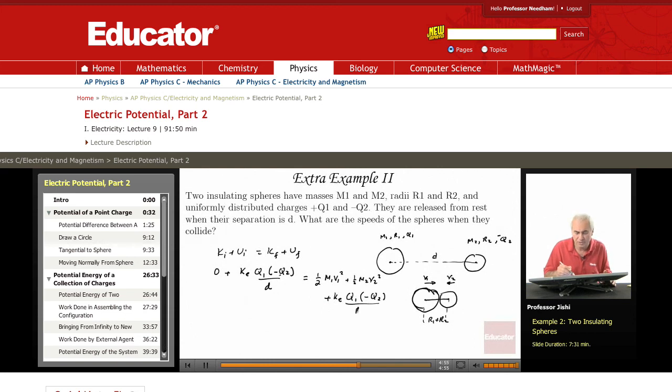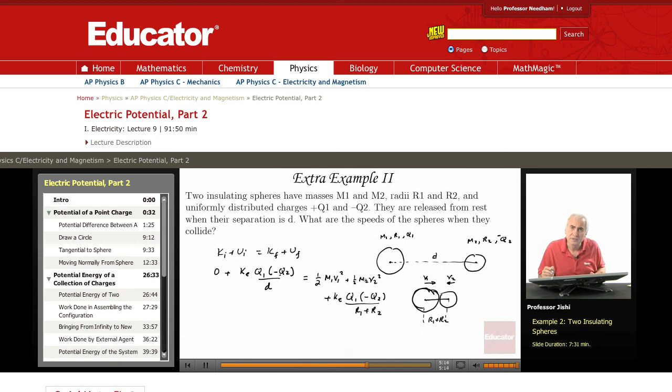The distance now is R1 plus R2. Now, everything is known here except v1 and v2. Those are my unknowns, so I need another equation, and then I can solve for v1 and v2.